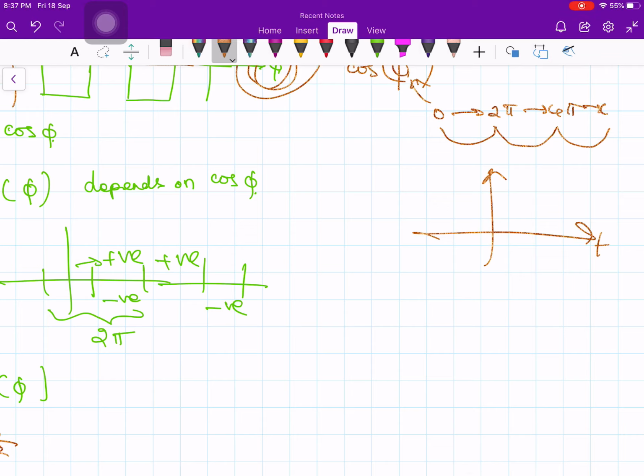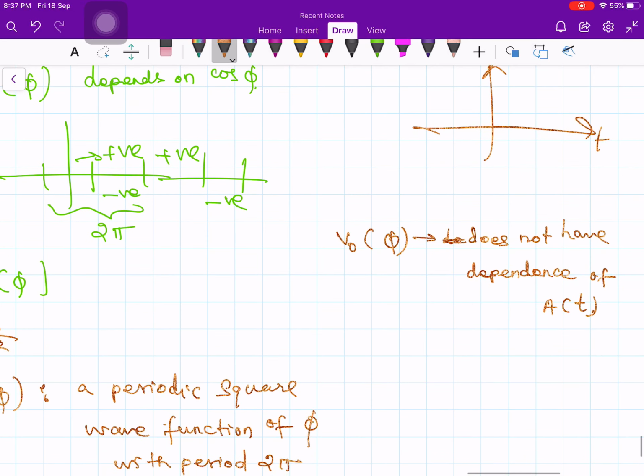We are worrying about what is V naught of phi as a function of phi. Okay, so therefore, V naught of phi will not have any dependence on a of t. Okay, so it will have dependence only on cos phi.